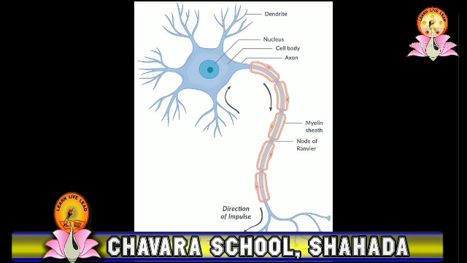Each nerve cell consists of a cell body called the cyton, which contains the nucleus and one or more elongated hair-like extensions known as dendrons. One of these axons may be very long, sometimes as long as 1 meter. Axons bundled together form a nerve.